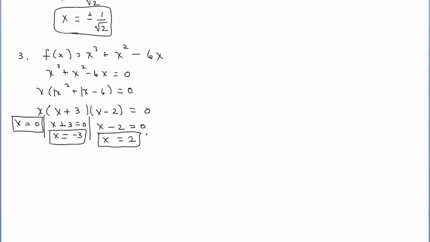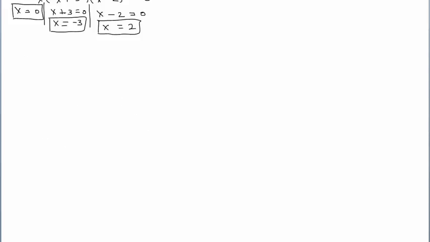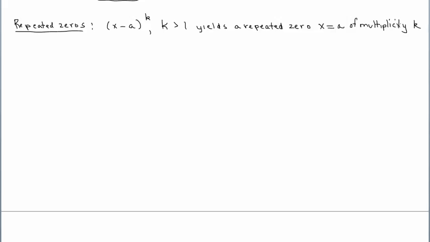Our second objective is to consider what it means to have multiplicity. Let's get a little bit of background about the topic of multiplicity. So what does multiplicity mean? Well, it just means multiples.